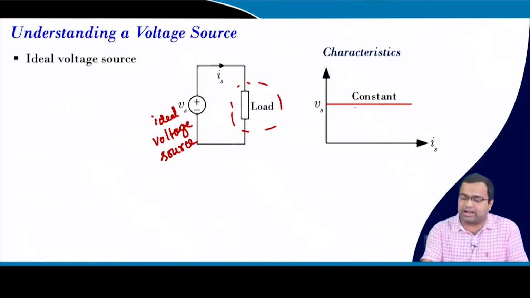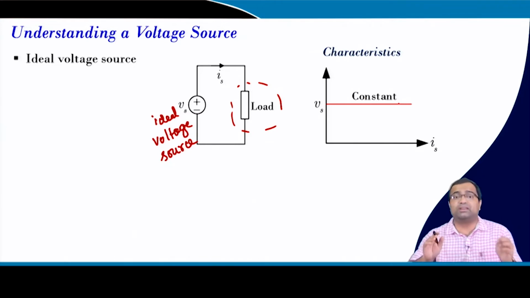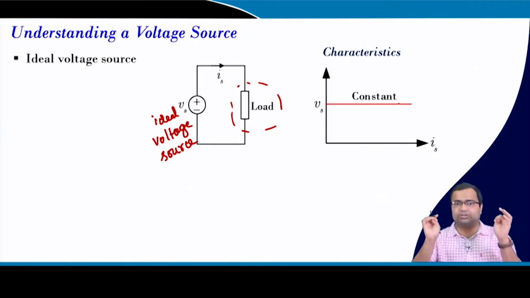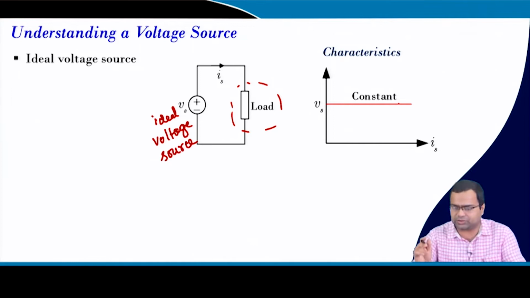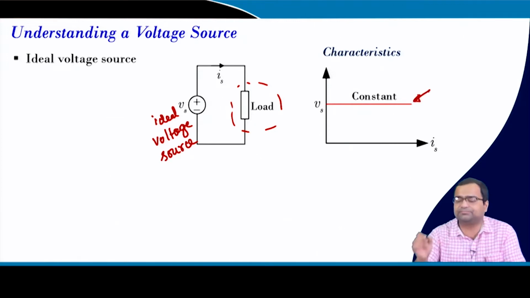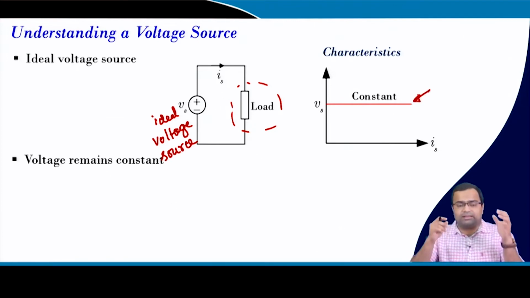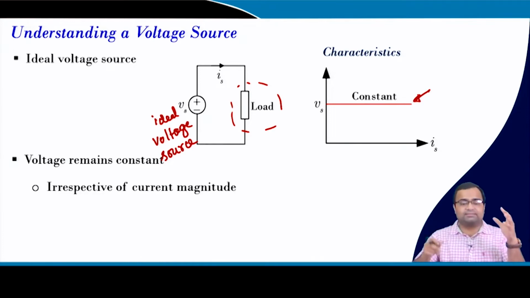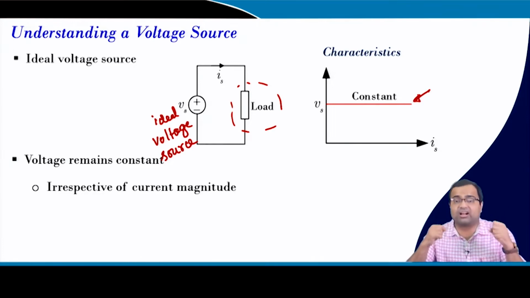So, if you draw any amount of current from the source, the voltage should remain constant. That is the basic definition of an ideal voltage source, and it is shown here. You are drawing current, but the voltage remains constant. This is a constant voltage, irrespective of current magnitude.